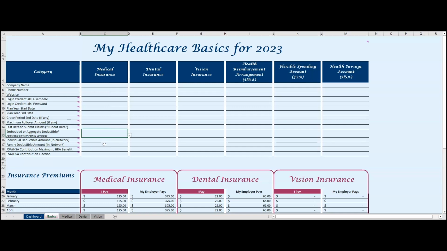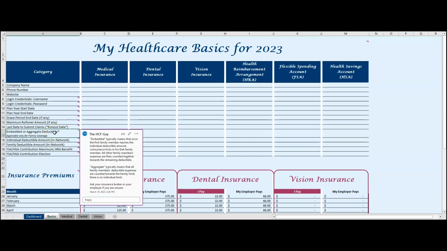So if mom goes to the hospital and incurs $1,500 of expenses, all of the $1,500 would still be applied to the deductible, and together, mom, dad, and child will have to incur another $500 of deductible expenses before coinsurance kicks in. That's a confusing concept for many people, so feel free to ask your employer or your insurance broker if you have an aggregate or embedded deductible.